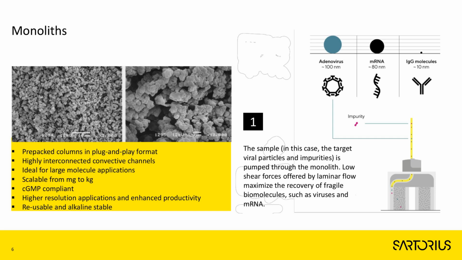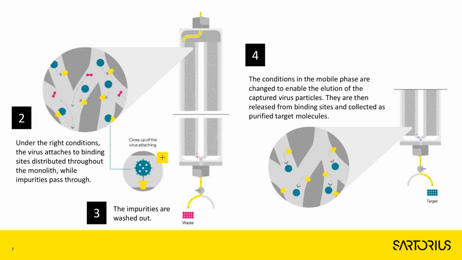So what does chromatography with monoliths look like? We have our sample with our molecule of interest, which is pumped through the monolith under conditions which enable the binding of the molecule of interest. In our case, this was a virus, which attaches to the binding sites that are distributed throughout the monolith.